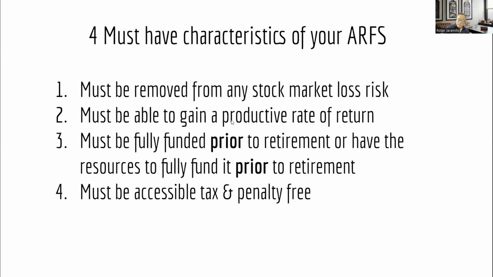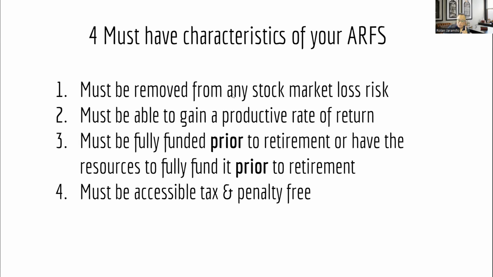Number two, it must be able to gain a productive rate of return. And what is that exactly? Productive rate of return to me, anywhere between 3 to 6% is what's to be expected. Not sexy, mostly single digits, but on the average over a span of time, between 3 to 6%.